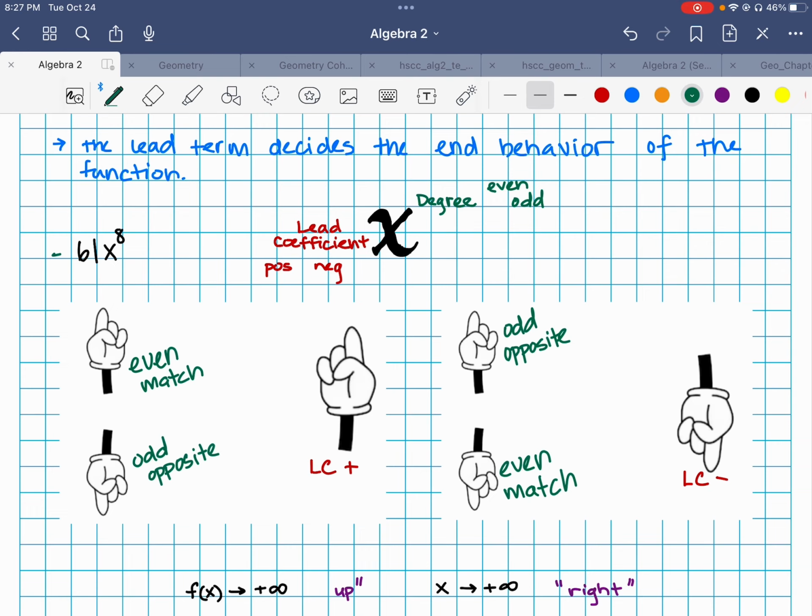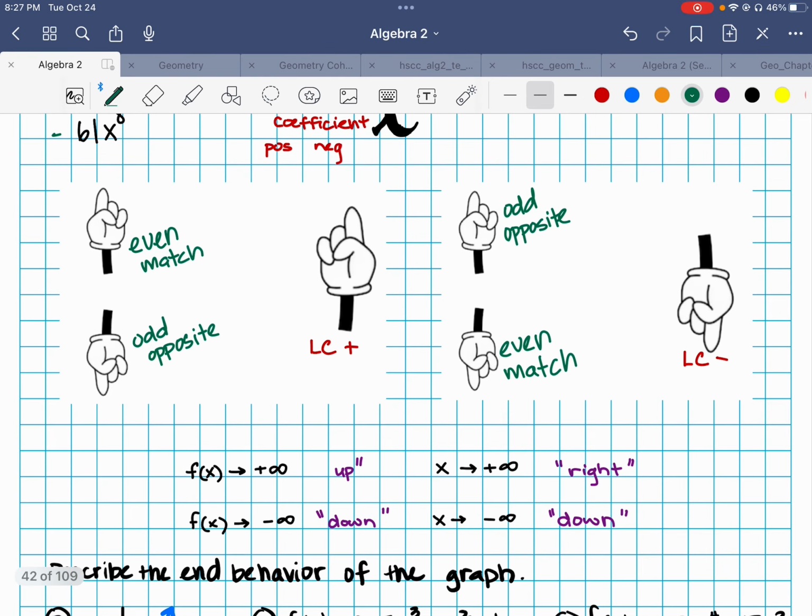Now, the next thing we need to do is make sure we understand how to write the words up, down, left, and right in mathematical terminology. So your right-hand side is always going to be written as x goes to positive infinity. One more time. The right-hand side will always be associated with x goes to positive infinity. And the left-hand side, I'm missing something over here.